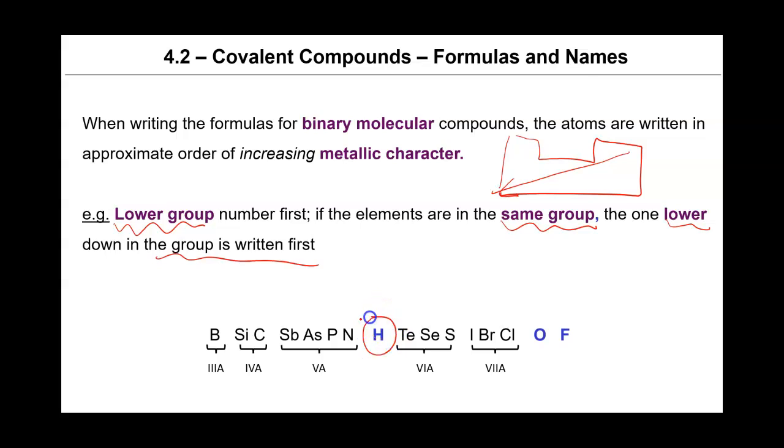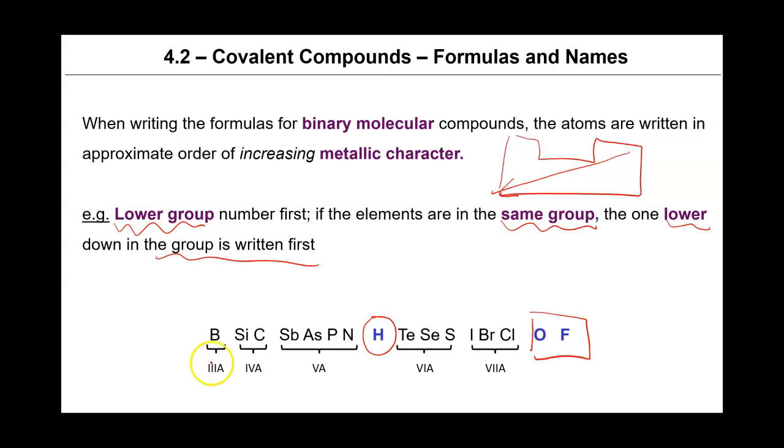We write hydrogen, which is in group 1A, before those elements that are in group 6A and group 7A, but after those elements that are in group 3A, 4A, and 5A, and then we write oxygen and fluorine at the end of our molecule.